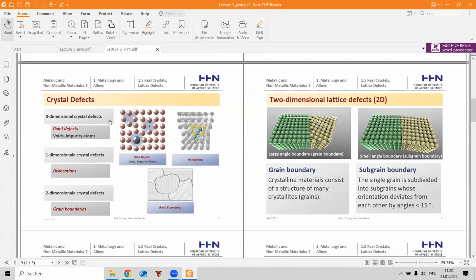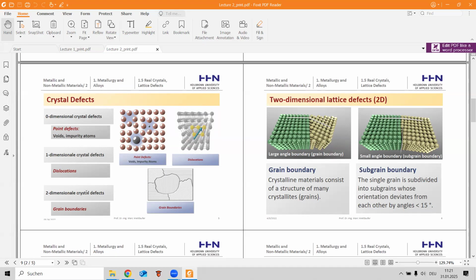Zero-dimensional crystal defects are called point defects, for example point or impurity atoms, like here. In one-dimensional crystal defects, we have dislocations. Like here, there are 6 atoms on one side and 5 on the other, and that is a dislocation.